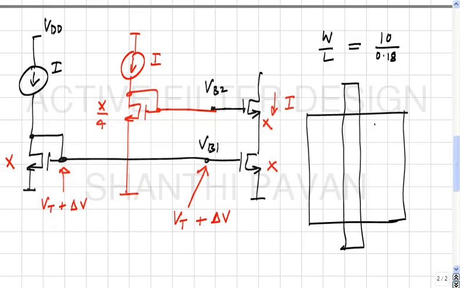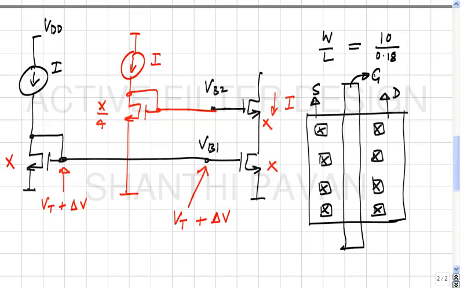The thin long sliver is the gate. Okay, which is the width and which is the length? This is the length, this is the width.